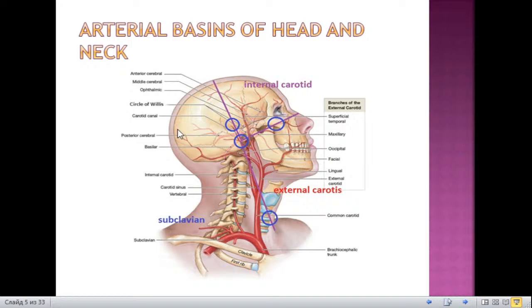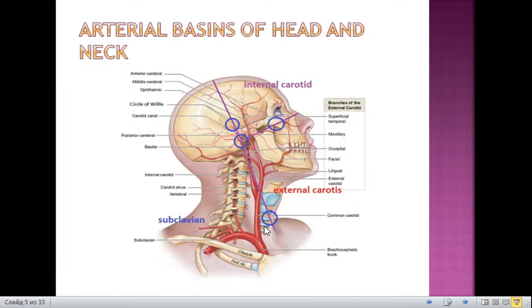At the neck region, it's difficult to show here on this picture because the picture is flat. In reality, of course, all of our organs and parts of the body have some volume. So, talking about the borders of the basins between the external and subclavian arteries at the neck region, it is necessary to remember that the subclavian artery supplies deep structures of the neck, in contrast with the external carotid artery, which supplies superficial structures of the neck.